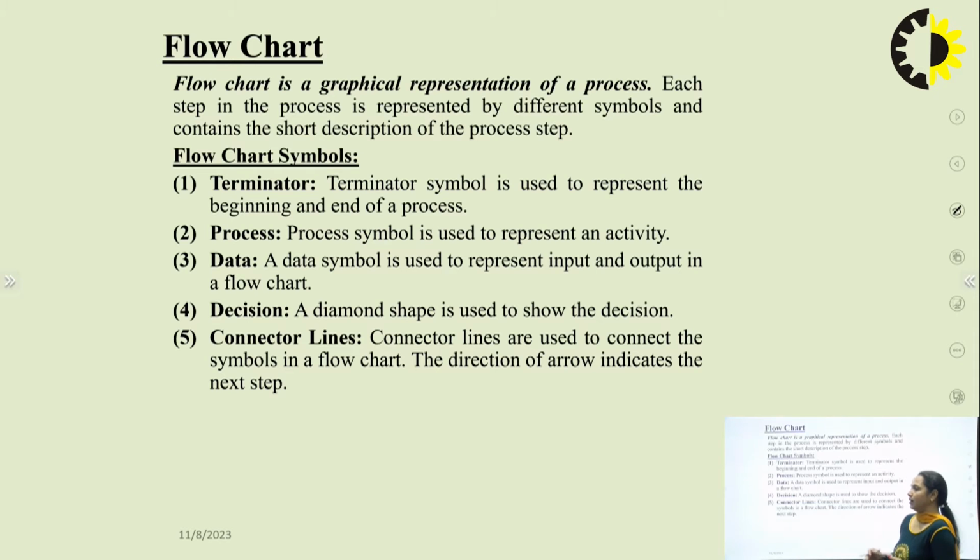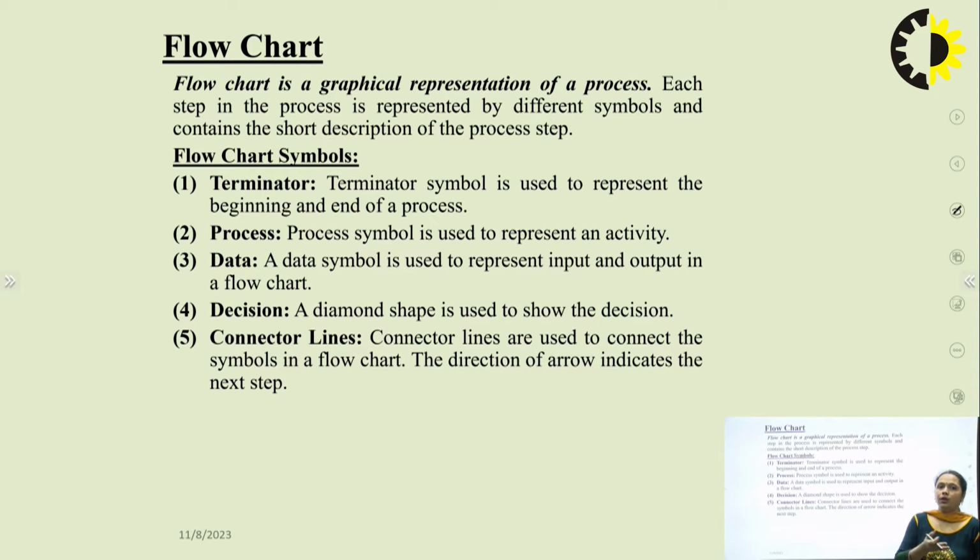Next, we have data. Data is taken as input and is generated by the system as an output. So, whatever data is taken as input and data which is generated as output is represented using the data symbol. Next, we have decision. Many a times we come to a situation when we have to decide among multiple paths. Which choice is right?